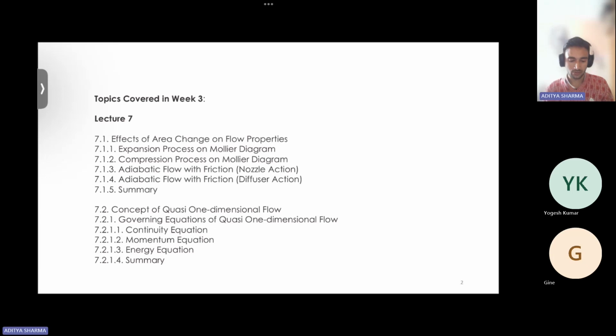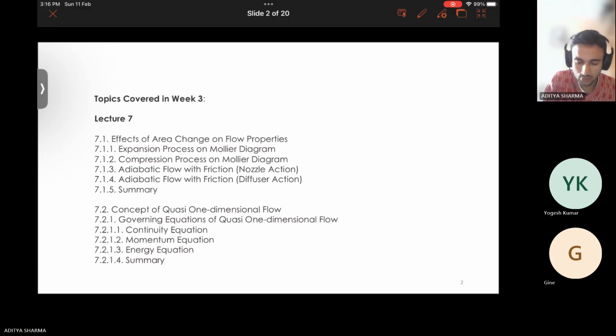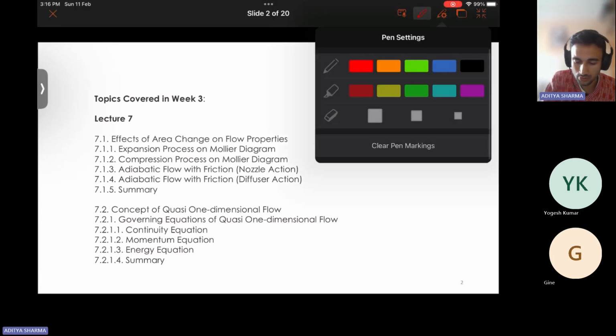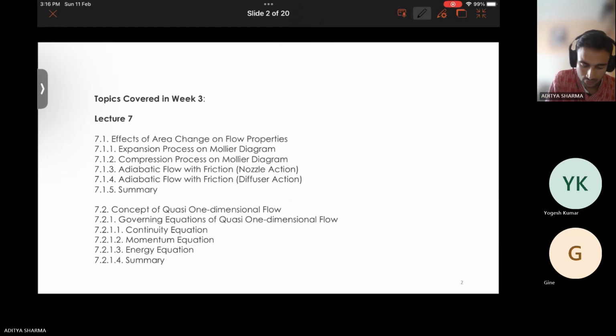If I am not wrong, the continuity equation was d rho by rho plus dA by A plus dV by V equals zero, or something like this.